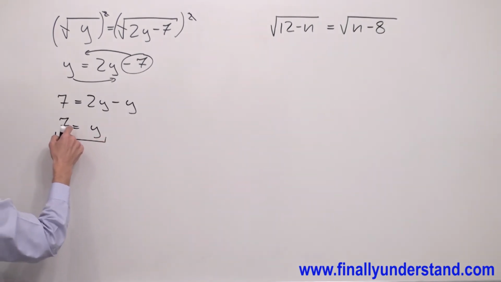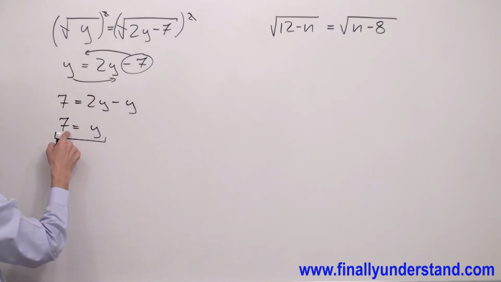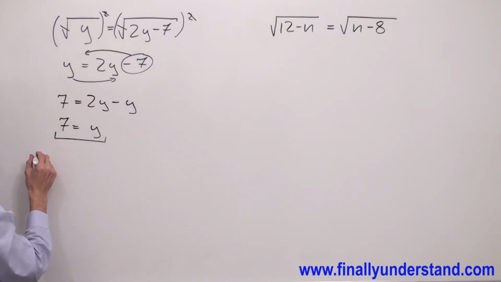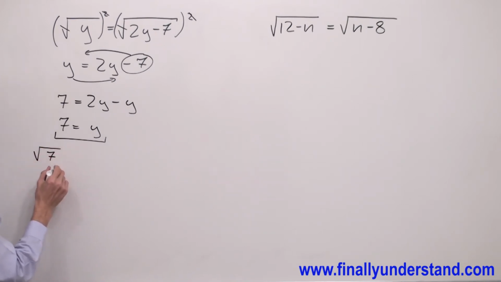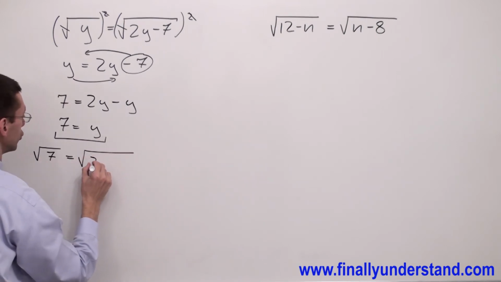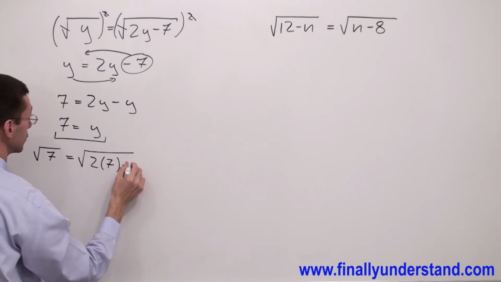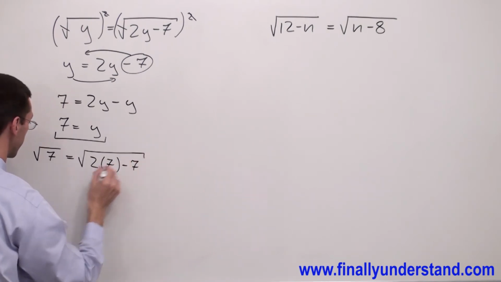Let's check if this is the correct answer to my problem. I'm going to replace every y in my equation by 7, and the left side has to be equal to the right side. So I have square root of 7 is equal to square root of 2 times 7 minus 7.